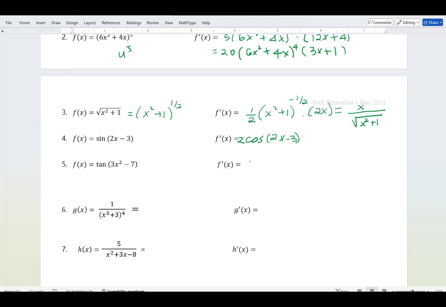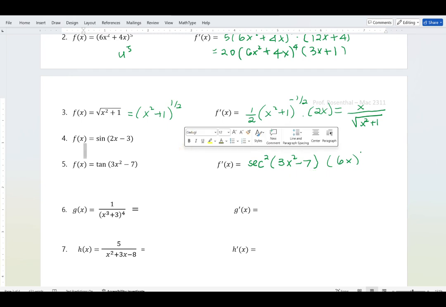So again, start by taking derivative of the outside one. So it's going to be secant square of the given argument 3x squared minus 7. So we left the inside the same. Don't forget, by the chain rule, we multiply everything with the derivative of the inside, which will be times 6x. And let's not be tempted to multiply this by that, because 3x squared minus 7 is inside secant square function.